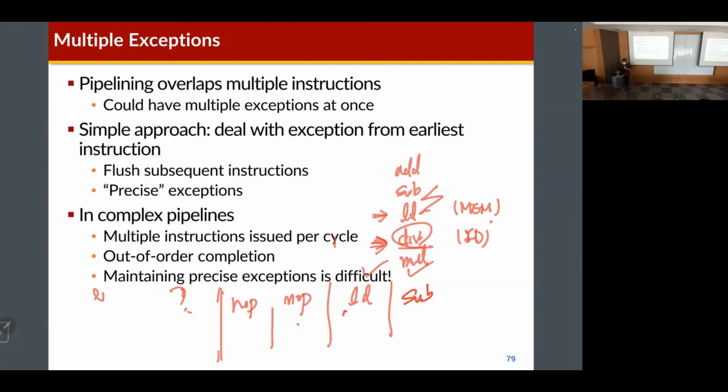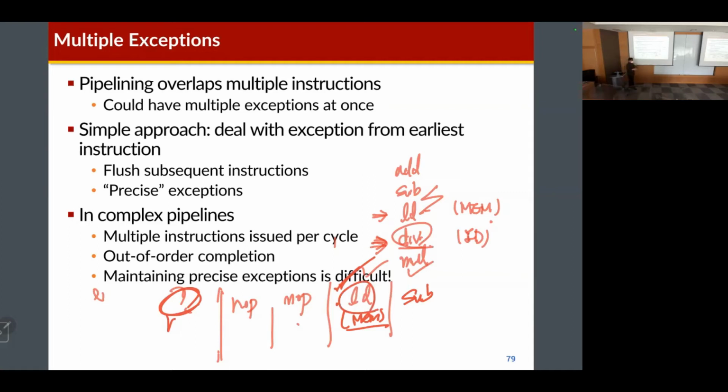And the load instruction is in the memory stage. An exception is also detected. What should we do? The exception handler is here for the div instruction. And then an exception is detected for the load instruction, and the load instruction is in the memory stage.